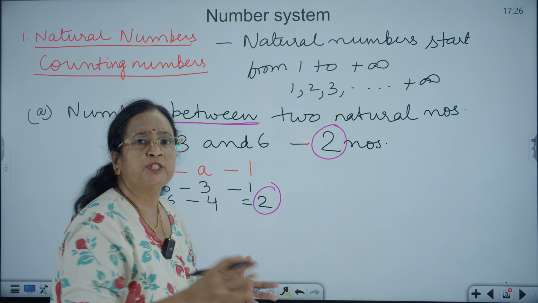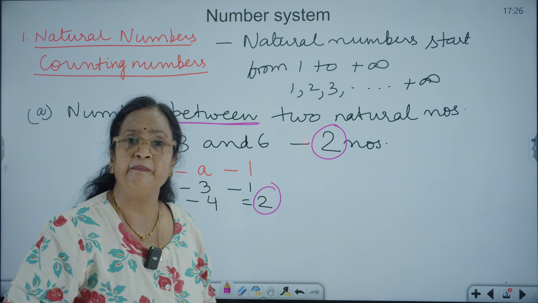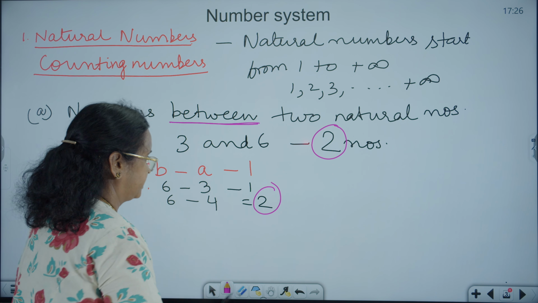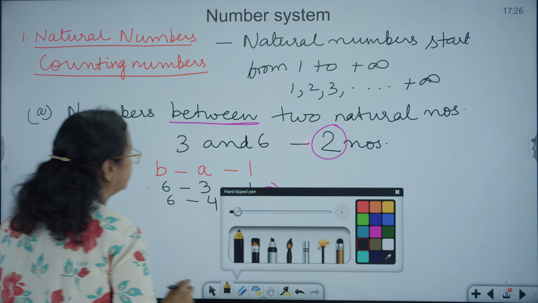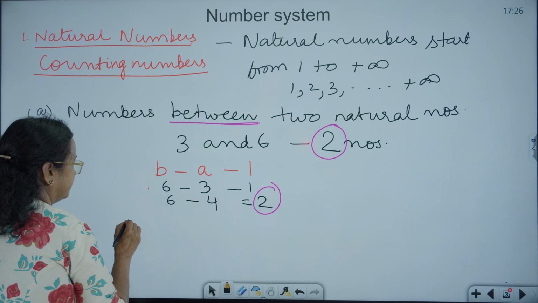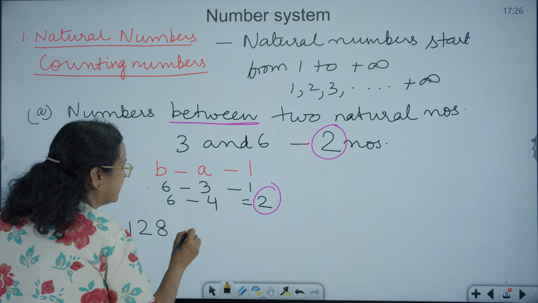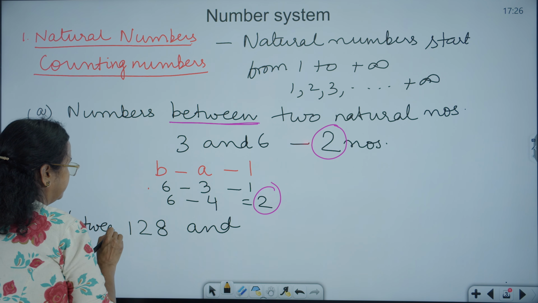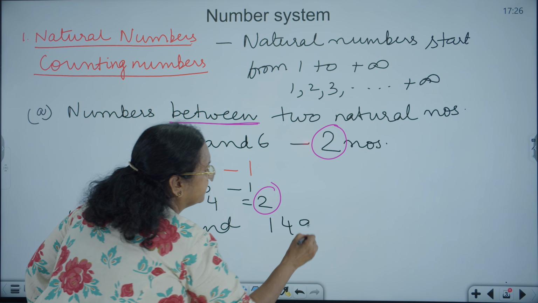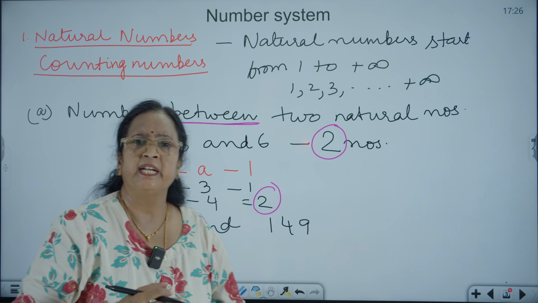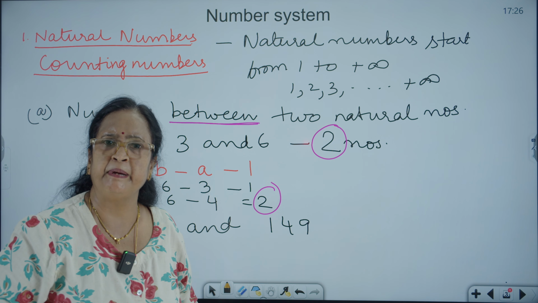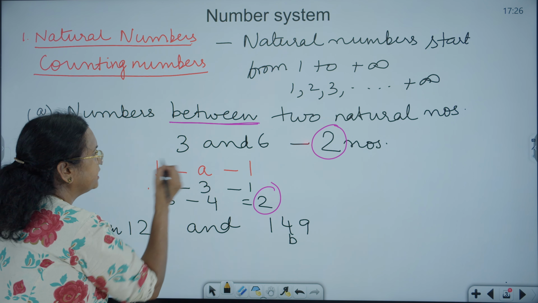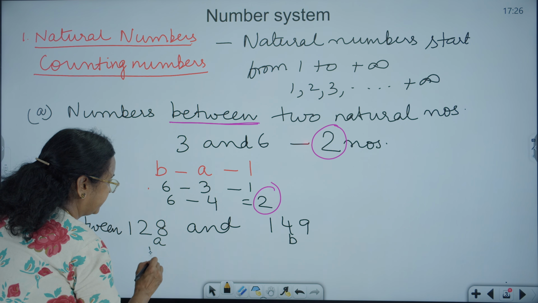So, we got it for smaller numbers. Let us think of larger numbers. Can you suggest two larger numbers? Alright, I will do that. The two larger numbers are 128 and 149. You can't sit and count, isn't it? Let us use that B minus A method, alright. This is A, this is B. Simply get into the formula. What is B? 149.